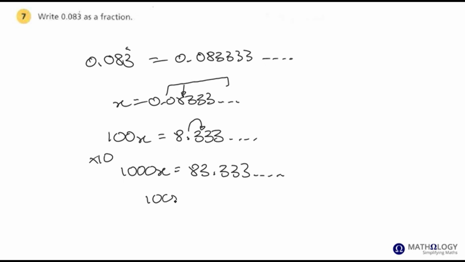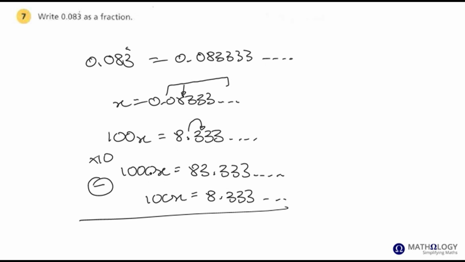Just write the 100x underneath that to make the subtraction look easier. We're now going to subtract these two expressions. 1000x minus 100x is 900x. 83 minus 8 is 75. And the decimal part, 0.333, will cancel out.